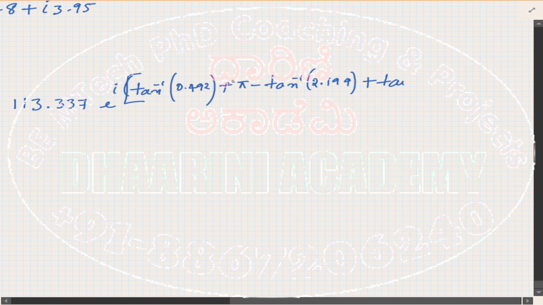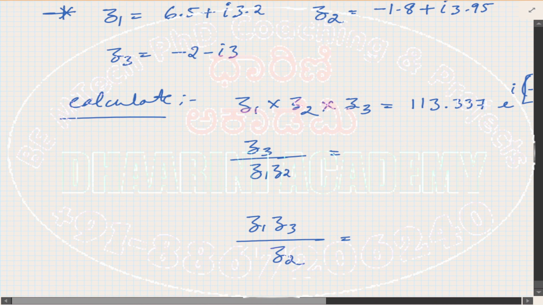Pi plus pi gives 2 pi, so you can write 2 pi here. Correct. Tan inverse of 1.5, yes, is the answer. All right.